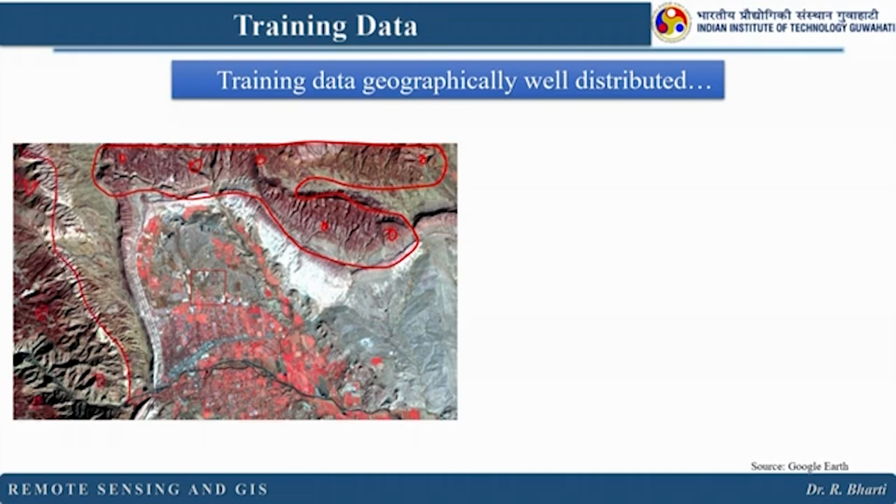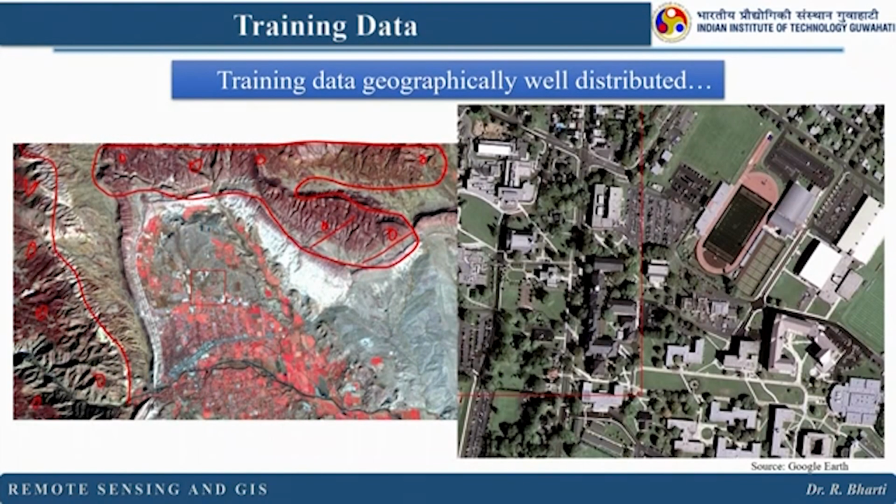So that means you have to visit all those places and you have to incorporate spectral variability, and based on the size of that class in your image, you should include more pixels, and you have to make sure that these training pixels are well distributed in your image, then your result will be better, right.